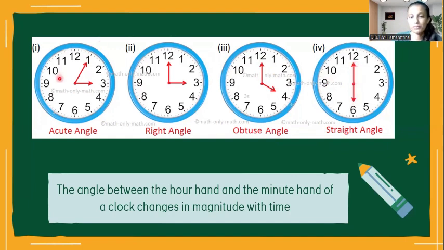Then you can see the variation of how the angles change in the same clock between the hour hand and the minute hand. When the time changes, the angle also changes. We call this the dynamic nature of angles.